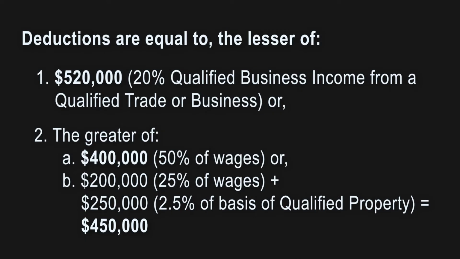So the greater of 400 or 450, $450,000, is our second part of the equation. And since that's less than 20% of the qualifying business income, the deduction is $450,000.